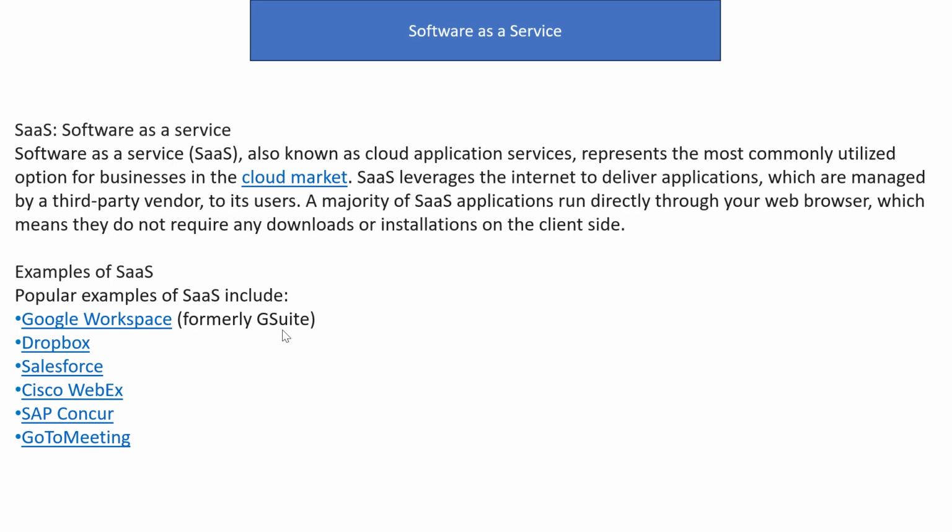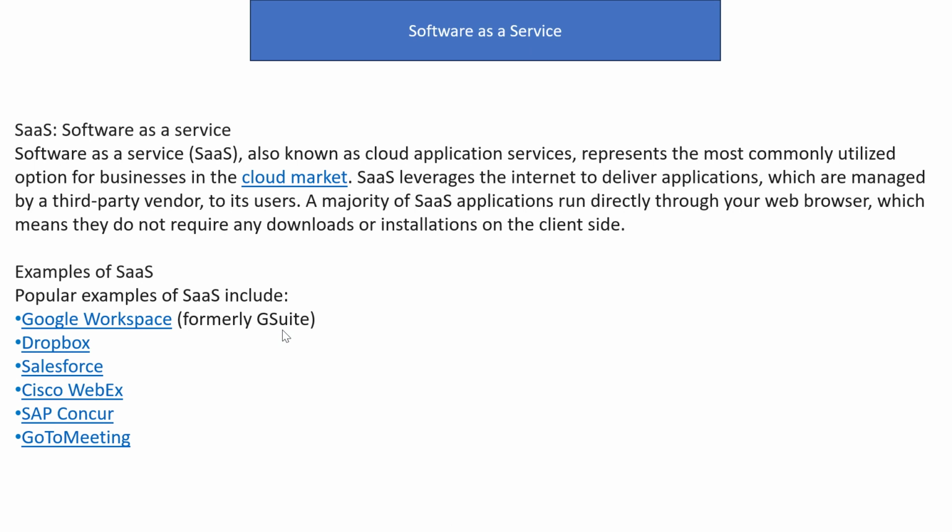So when it comes to platform as a service, we only need to take care of the updates and upgrades. For example, I can take one platform as a service on which I can install any of the SAP applications, but I need to take care of updates and upgrades.